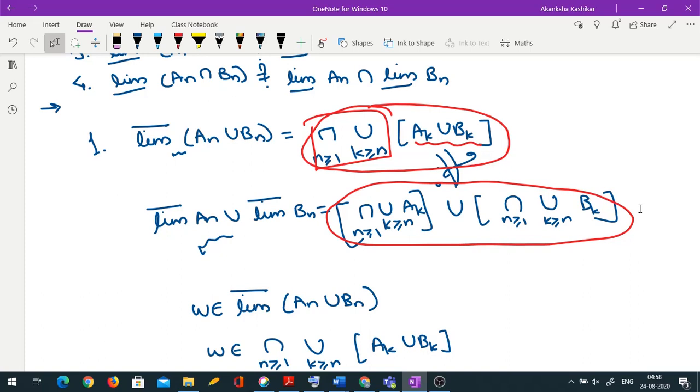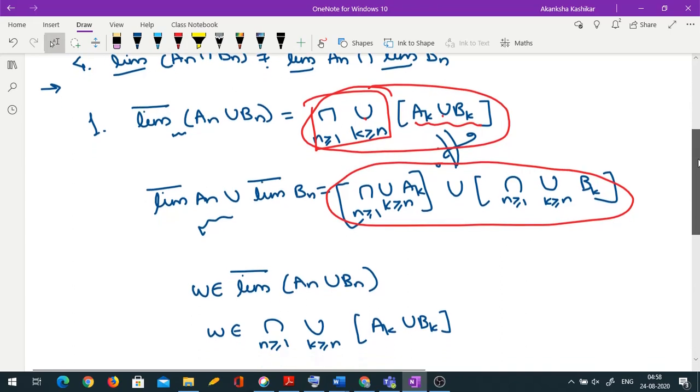Now, we know part of it already. What do we know? We know that union is distributive over union. We have proved this yesterday. Do you remember? So let us try to use that first.